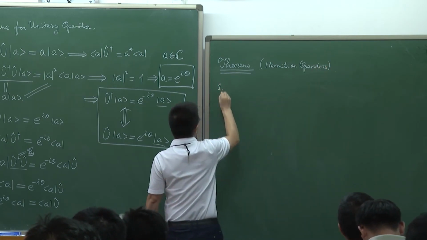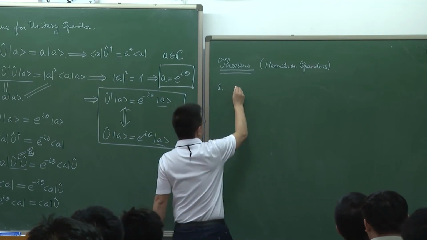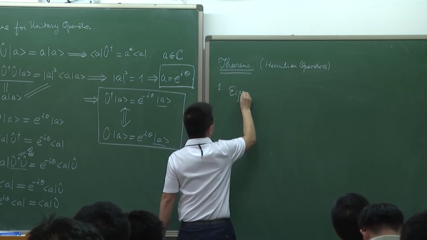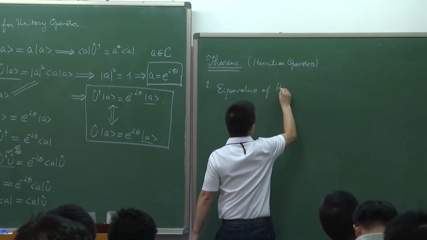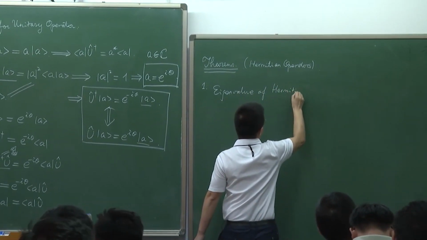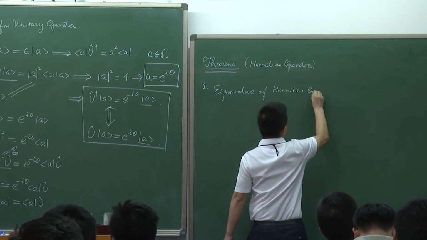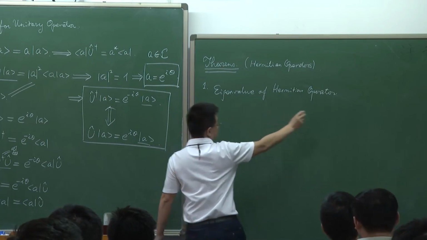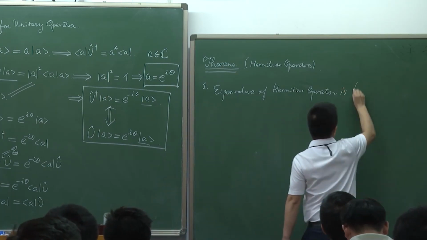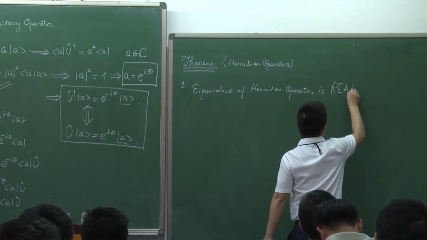The first thing is that the eigenvalue of a Hermitian operator is what? Is real.